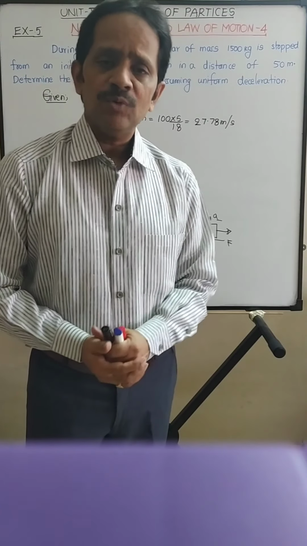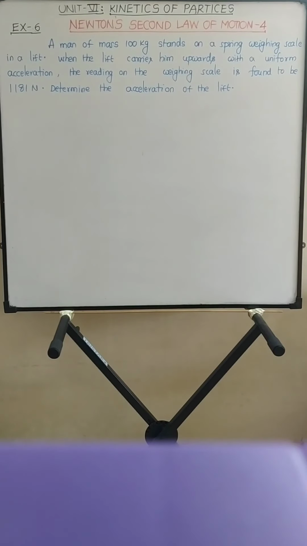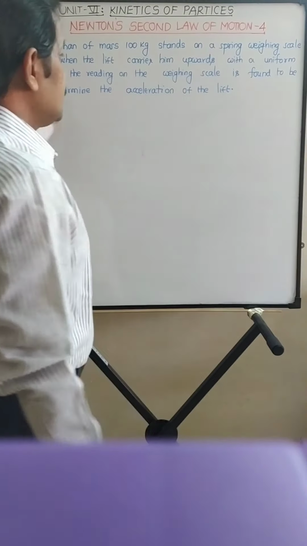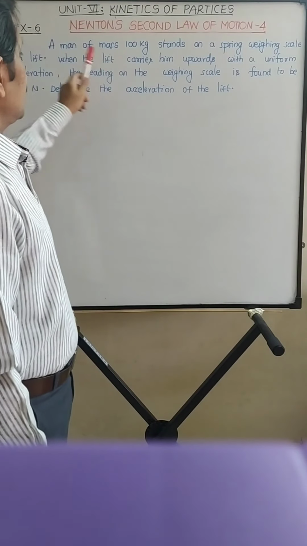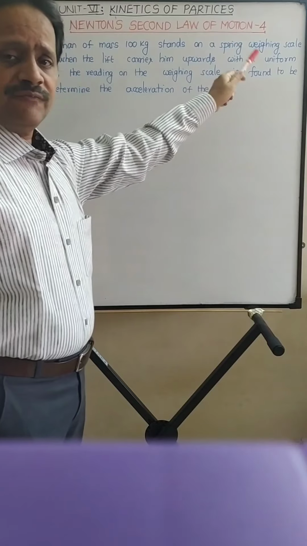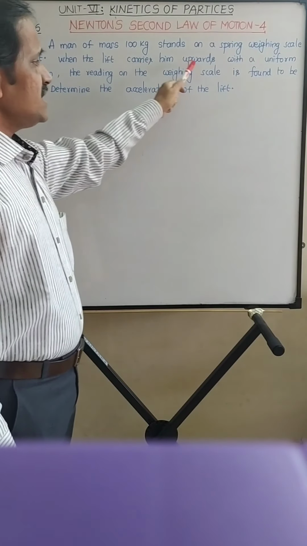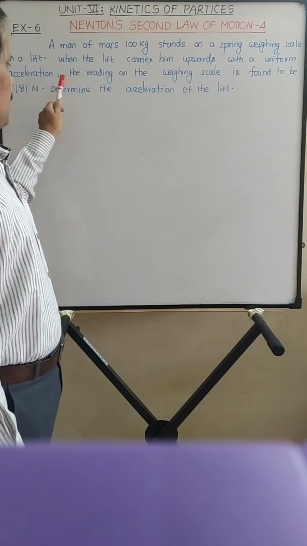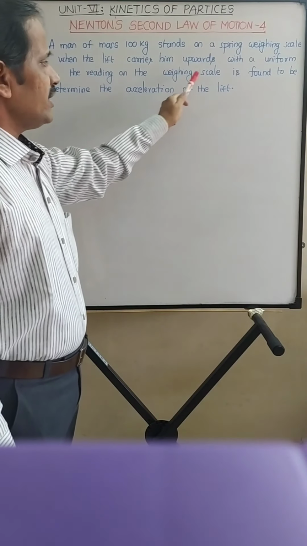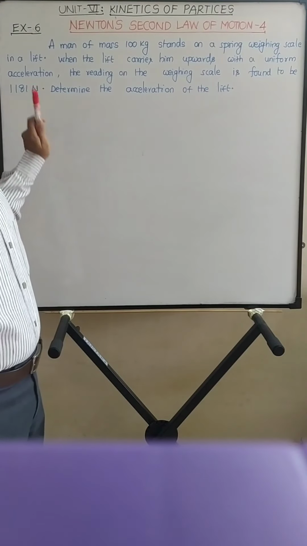So we'll solve one more example. Read the statement. A man of mass 100 kg stands on a spring weighing scale in a lift. When the lift carries him upwards with a uniform acceleration, the reading on the weighing scale is found to be 1181 Newton.